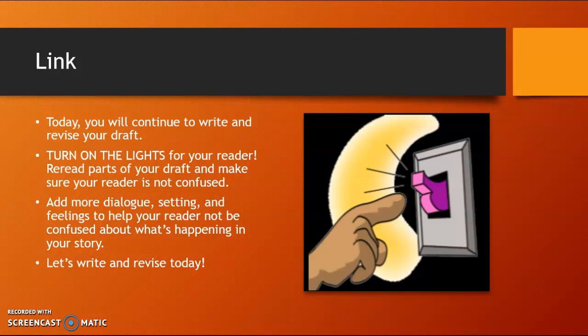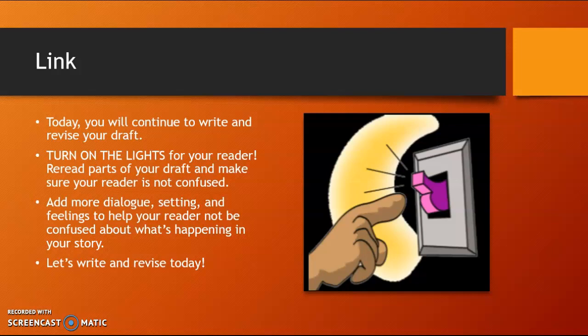You may find that sometimes because this is your story and you know it so well in your mind, it's hard for you to see where the lights aren't turned on. So I suggest asking someone to read your paper. Ask someone to read your paper in your house, or send a copy of it to your teacher, but have someone else read it and sometimes they're able to tell you, wait, I'm confused here, and you maybe don't see it as well.